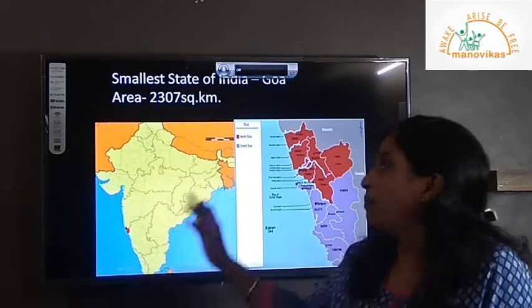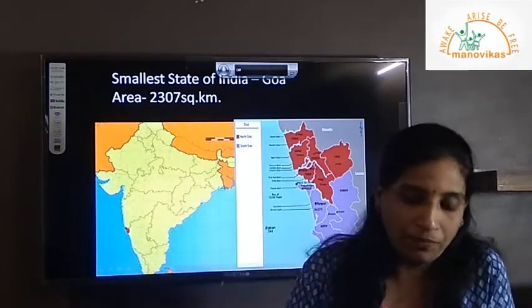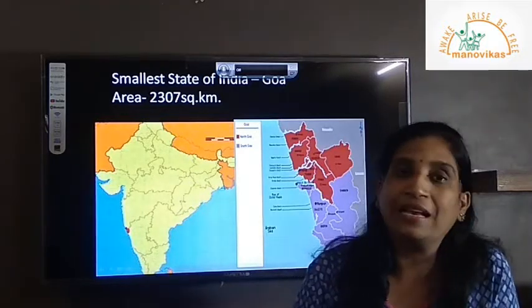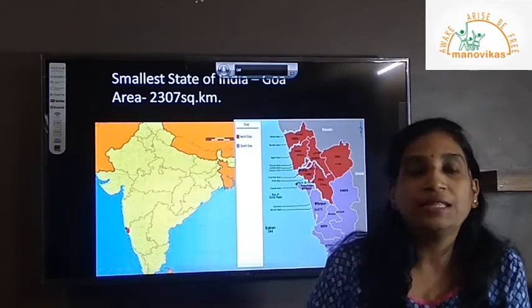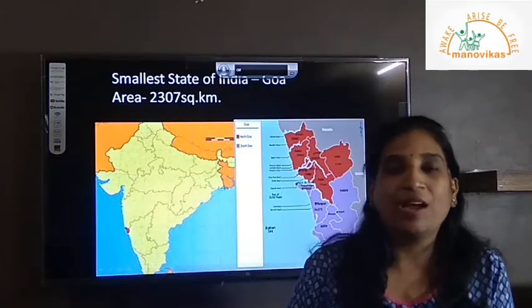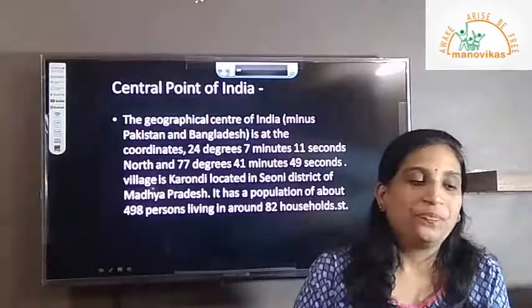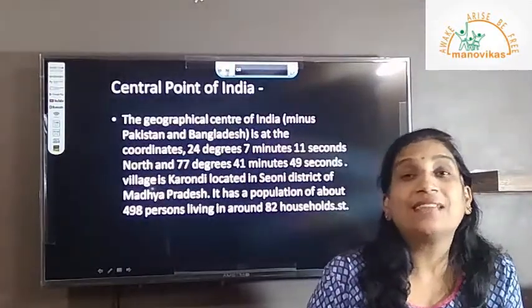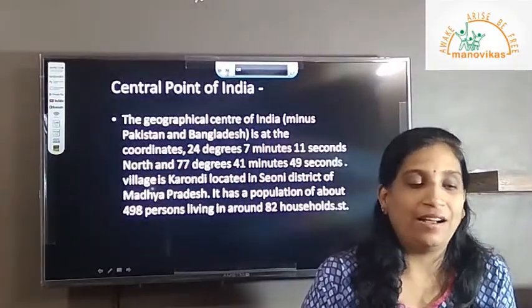You can see here the map of Goa, the smallest state, with an area of 2,307 square kilometers only.